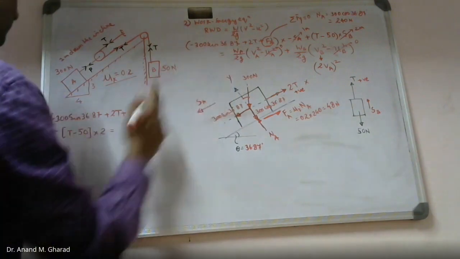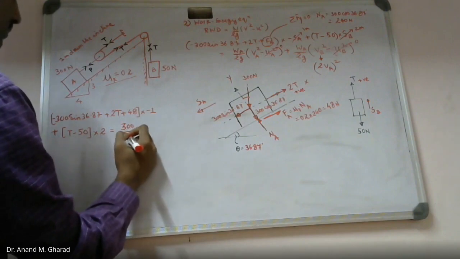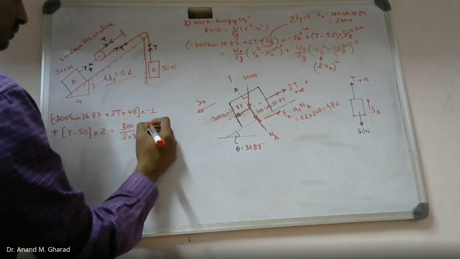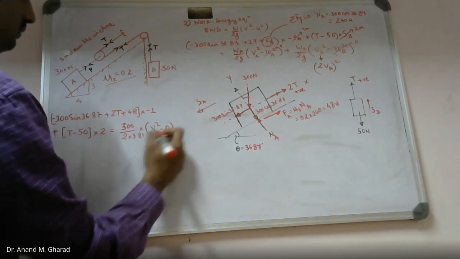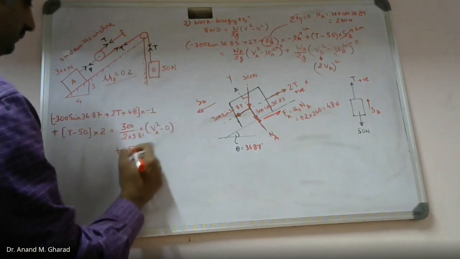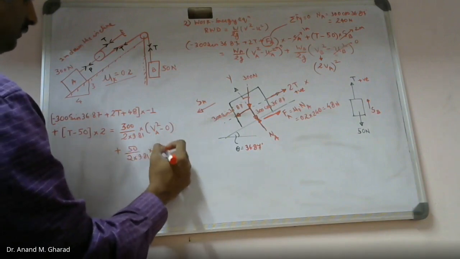What is WA weight? It is 300 Newton divided by 2 into 9.81 into VA square minus 0 plus WB is 50, 2 into 9.81 into VB square.